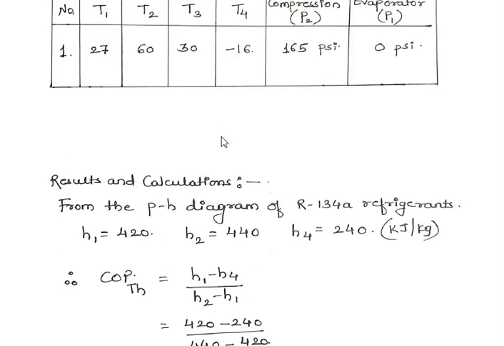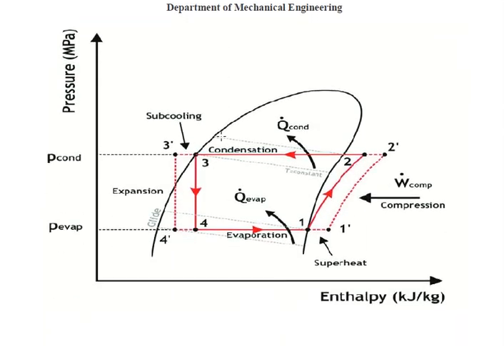This is the observation table and the p-h diagram. The same p-h diagram is drawn. So this is the evaporator pressure, this is the condenser pressure, this is the enthalpy on the x-axis, this is the pressure. This dotted line is the evaporator pressure, and again this is the condenser pressure.